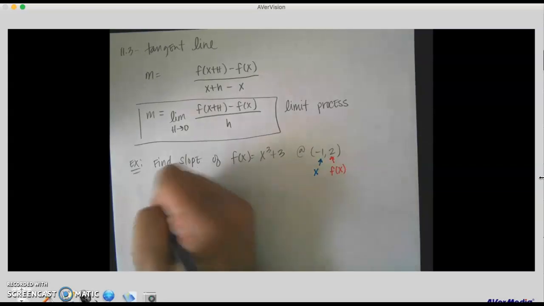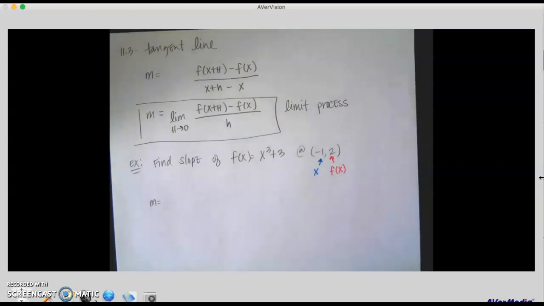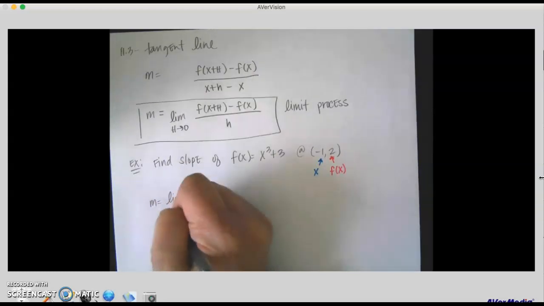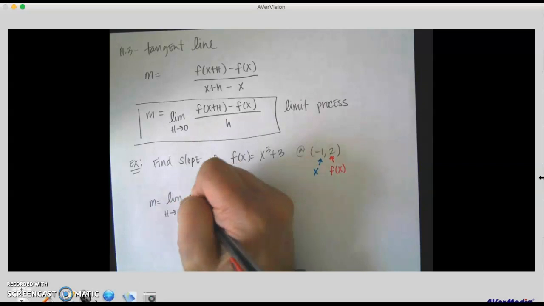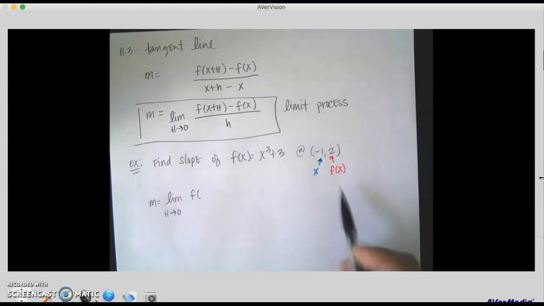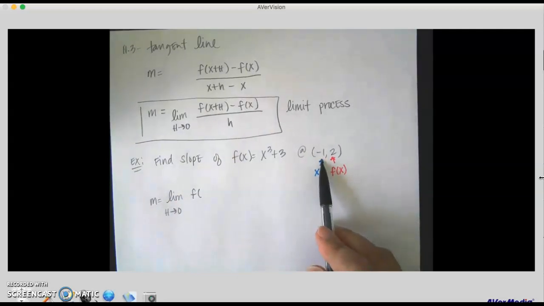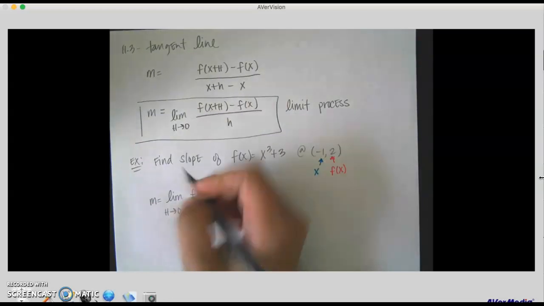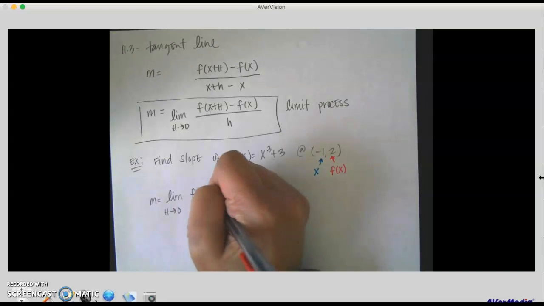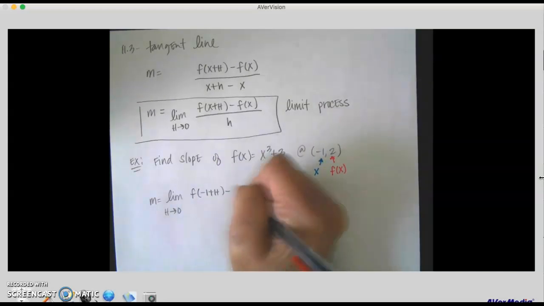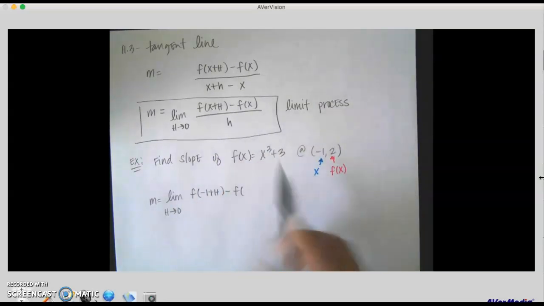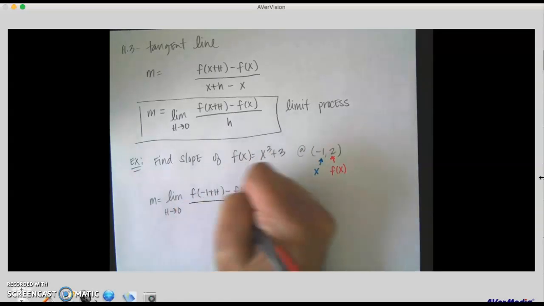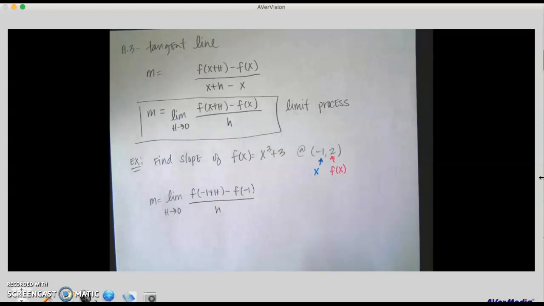So when we set it up to find the slope, we have m equals the limit as h approaches 0. Our x value that we're given is -1, so we'll be able to plug that -1 directly into our x. Okay, so we have f of -1 plus h minus f of -1 all over h.